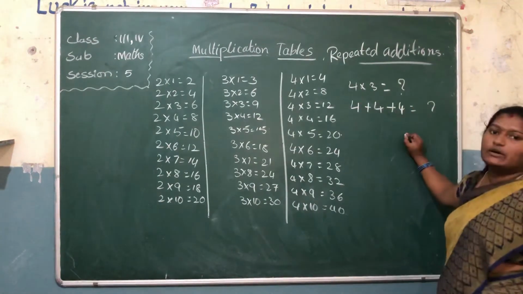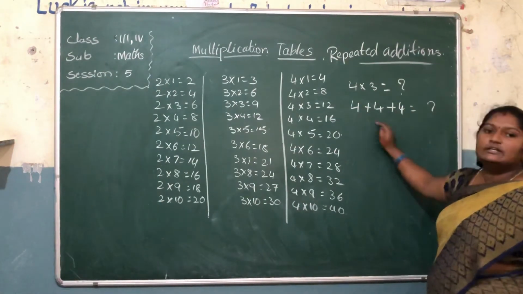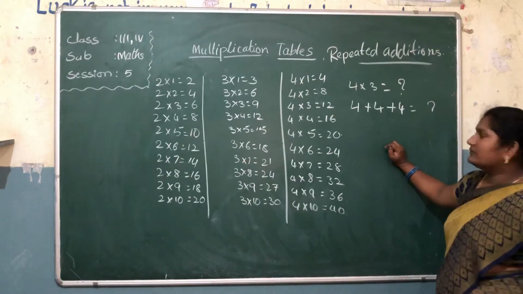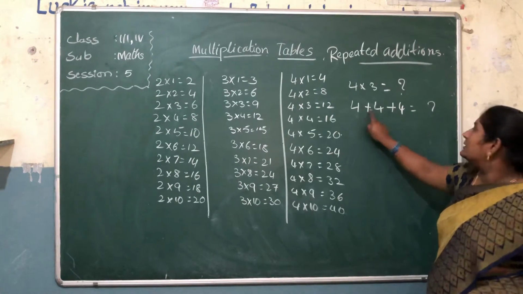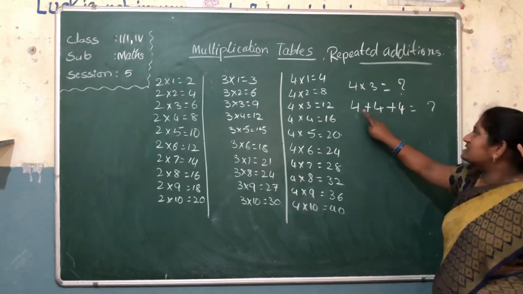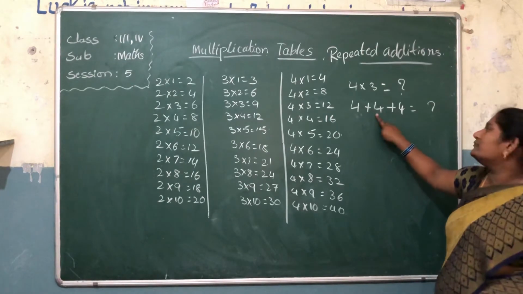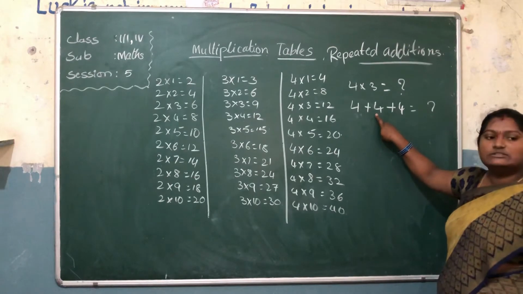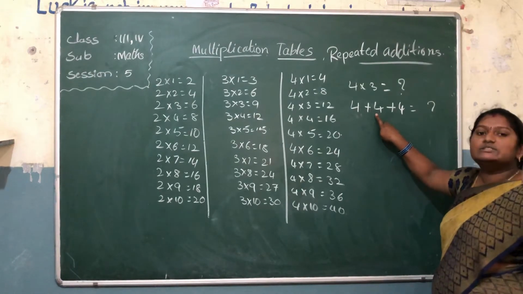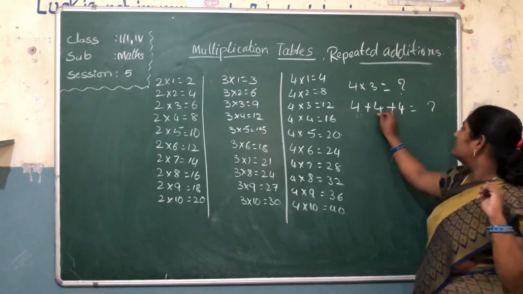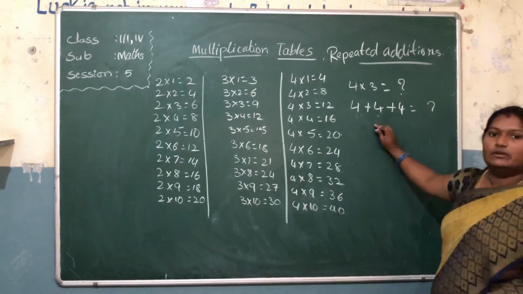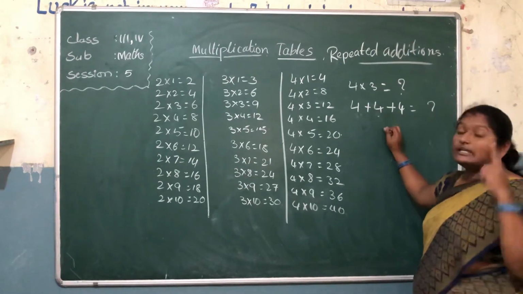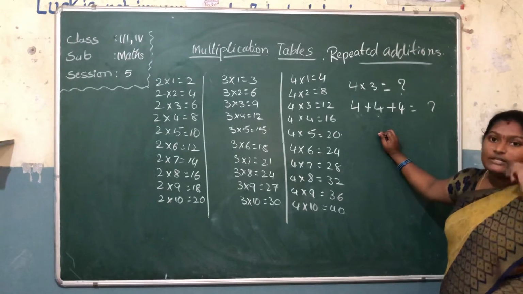What is the answer now? You have to count up. Take fingers. Okay? 4 plus 4. Keep the first 4 in the mind, and for the second 4 open your fingers. After 4: 5, 6, 7, 8. What is the answer here? 8. Okay. Keep the 8 in the mind.